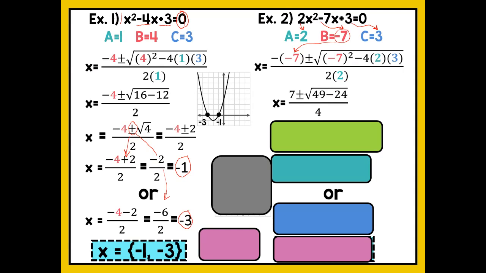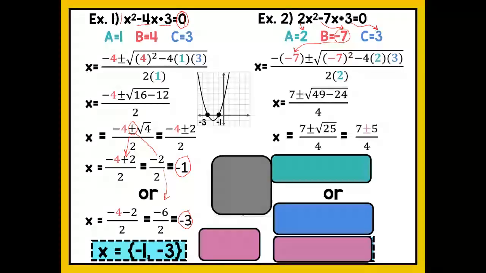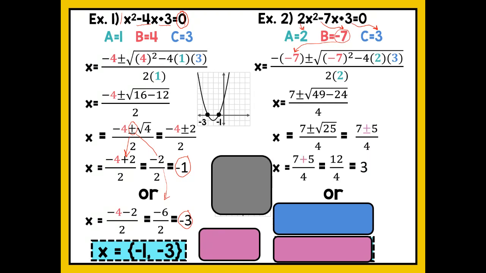We keep simplifying. 49 minus 24 is 25. And thankfully, we can actually take the square root of 25 easily. The answer is 5. And here's our plus or minus again. That means that we're going to split it into both cases. 7 plus 5 divided by 4 and 7 minus 5 divided by 4. Those are our two possible answers.